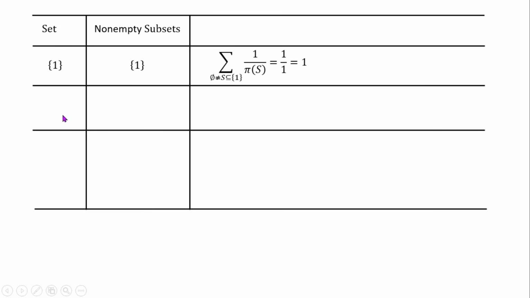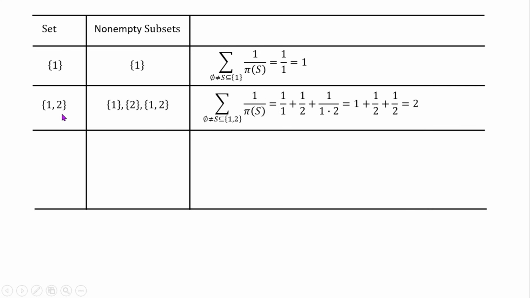Now let's consider the set with elements 1 and 2. The non-empty subsets of this set are the set with element 1, the set with element 2, and the set with elements 1 and 2. The value of pi of S for the first non-empty subset must be equal to 1.